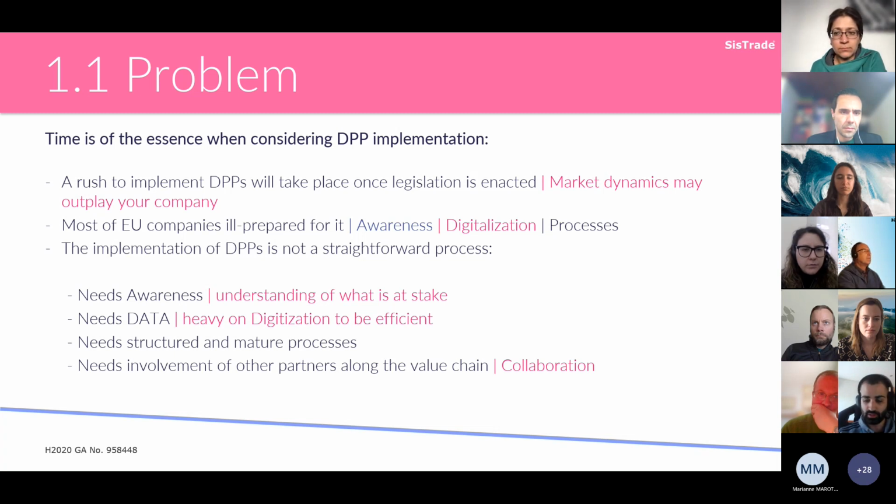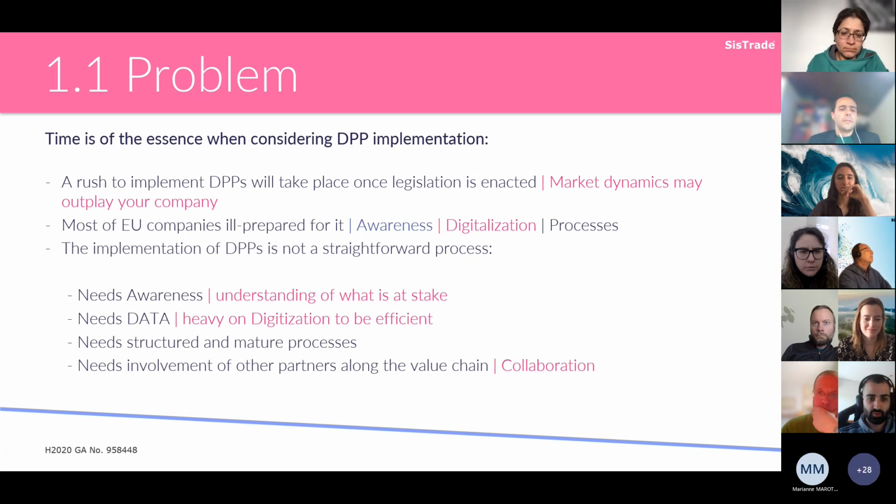because not many companies are prepared for it, and the market dynamics may outplay your company. The EU companies, just as I said, are not prepared for it. There's a lack of awareness, not much digitalization, and the processes are very complex.